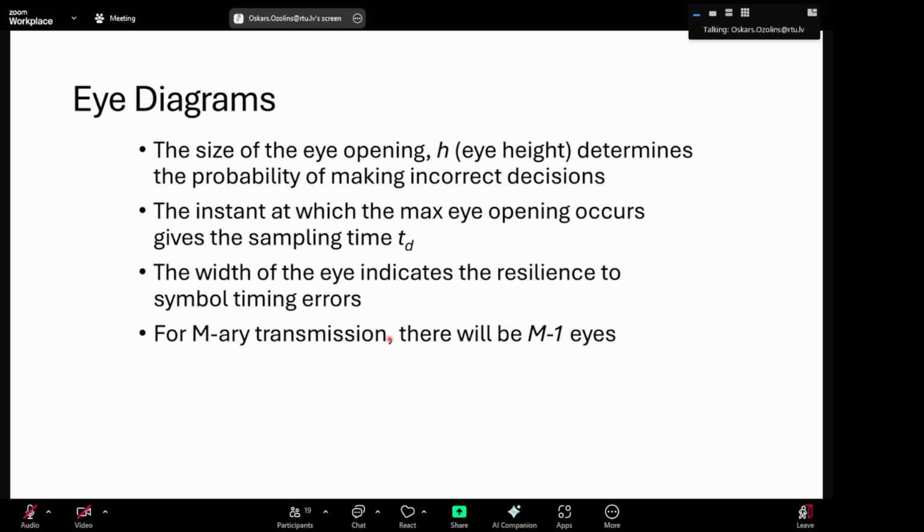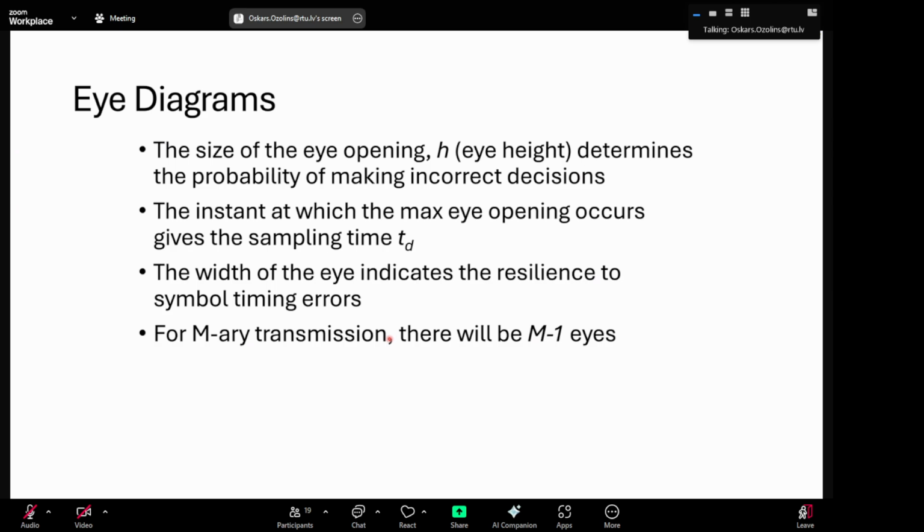So the eye height shows whether we're going to make decisions correctly, because that is how wide open the eye is, and how far level 1 is from level 0. The maximum opening occurs at this optimum sampling instant, right?